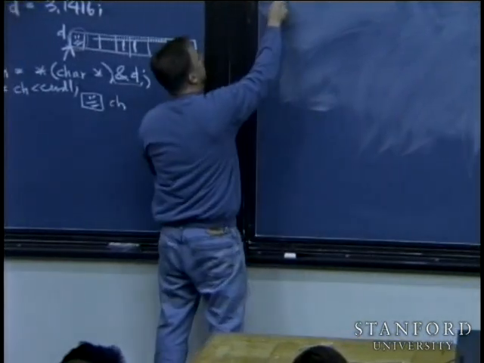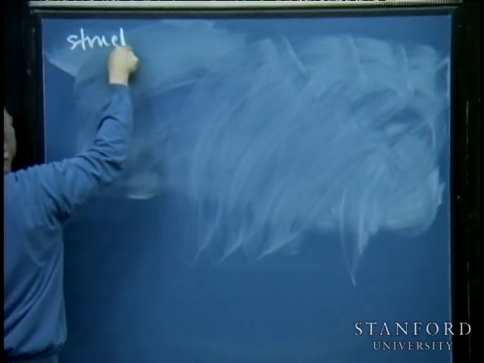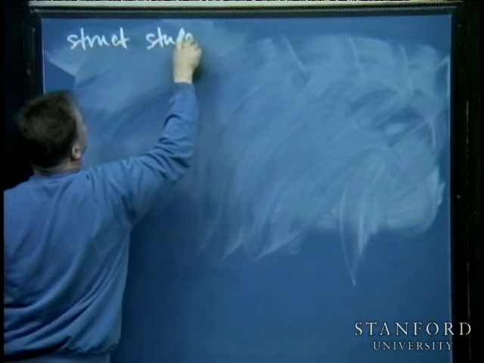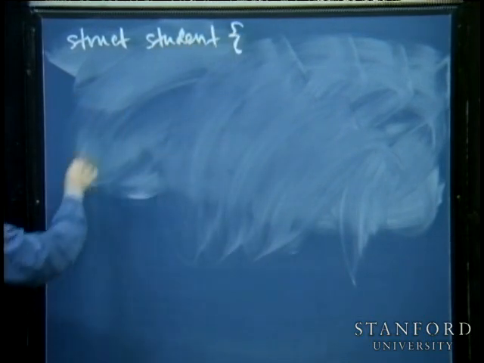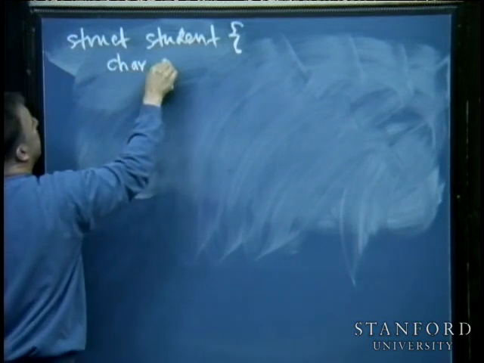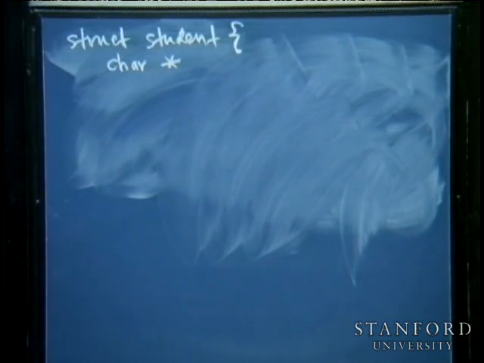Here's the struct definition I want to deal with. Struct student. Okay. I have a field inside. I want to store an exposed character pointer. You're not used to doing this because you had a string class in C++.